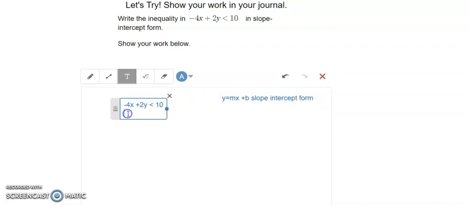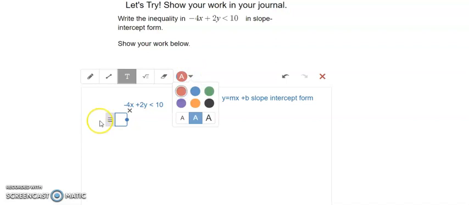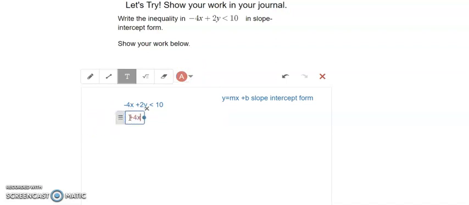So back to here, what I want to do is the opposite of subtraction. So I'm going to add 4x to both sides. And when I do that, my x's are going to cancel on this side, and the 2y is going to come on down.